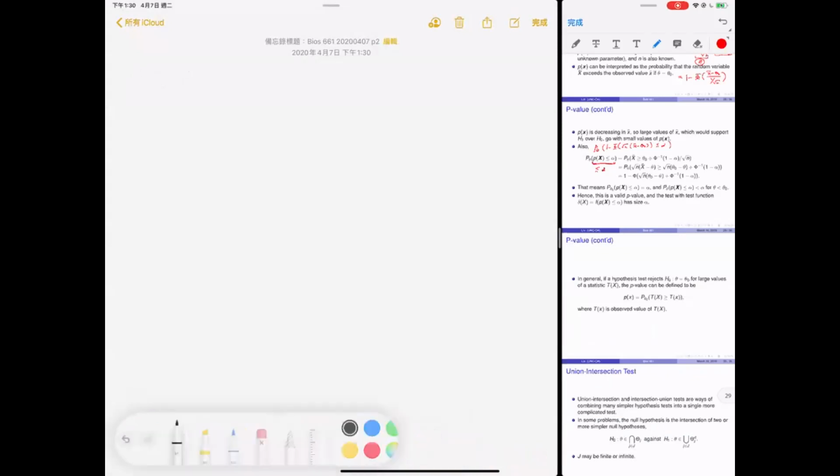Right here I'm trying to show that the probability of the p-value being smaller than alpha. This is my goal. The goal is to show it's smaller than alpha, because I want to convince everyone that using the p-value to do rejection when it is smaller than alpha is valid.